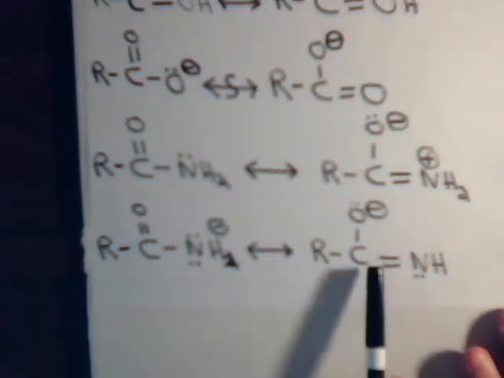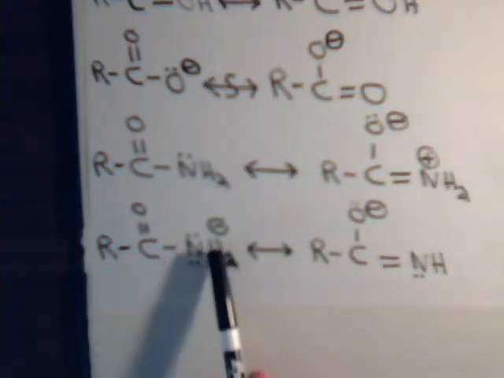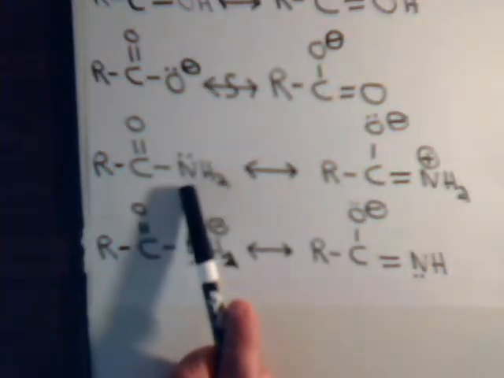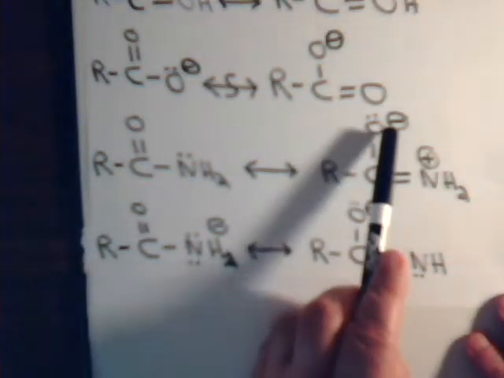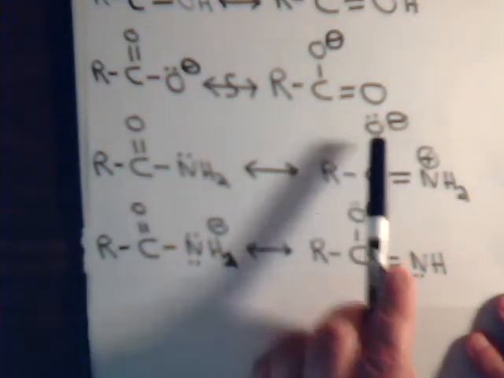So unlike amines, amides are somewhat acidic. And again, it's because of the superior resonance of the anion that's formed when this nitrogen loses a proton. We have charge dispersion instead of charge separation.